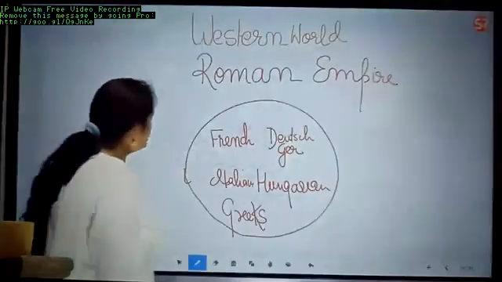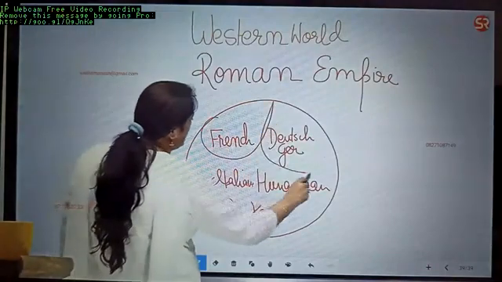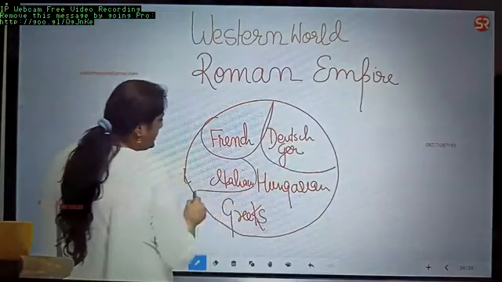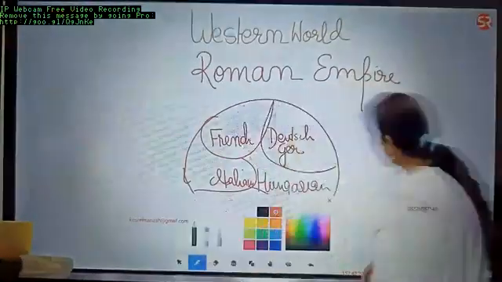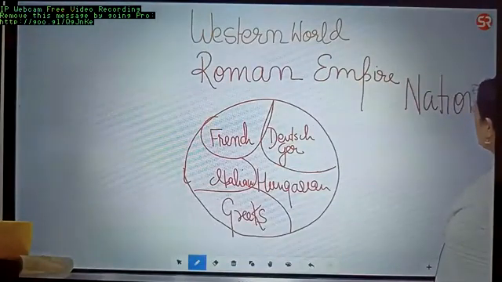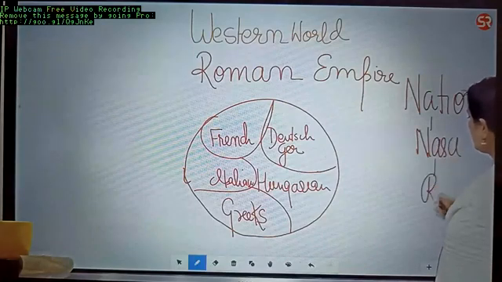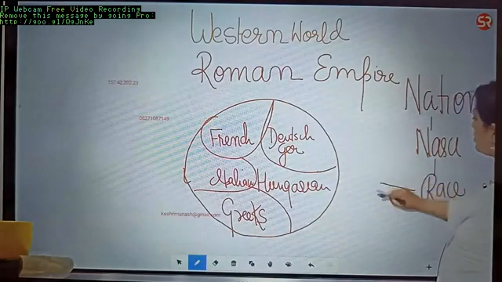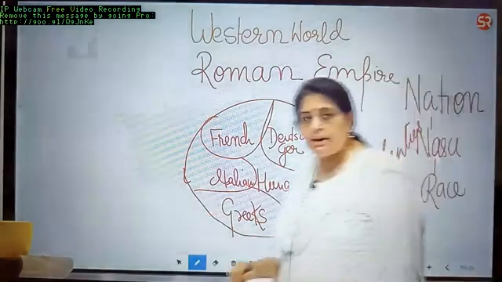Let us say French speaking, German speaking, Italian speaking, Greek speaking. And I just told you that nation comes from nasi. Nasi means race. Races have their own identities. And the most important identity here has been language.